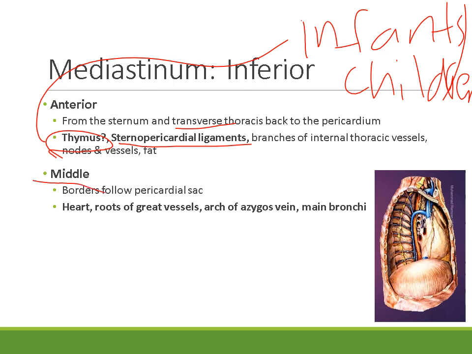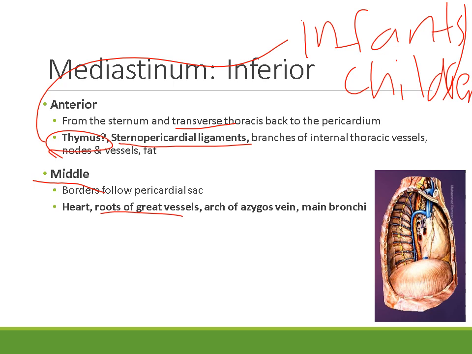The middle part of this inferior mediastinum, the borders just follow the pericardial sac. So it includes the pericardial sac and then the heart that sits inside of that pericardial sac. The pericardial sac does also surround the roots of the great vessels.